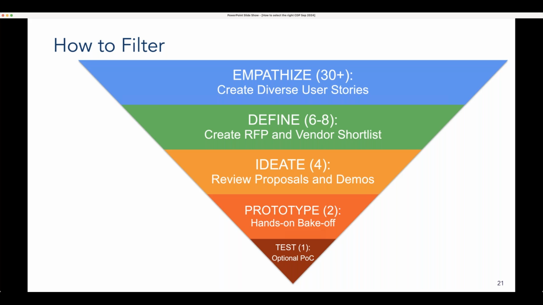Those are the vendors you want to send an RFP to. That RFP should not be a bunch of checklist questions, but rather those same user stories. So the user stories are very much customer stories around how you want them to be able to interact in this new world where you have access to all this wonderful actionable customer data, but also marketer and data ops stories as well. So that should be the center of your RFP.